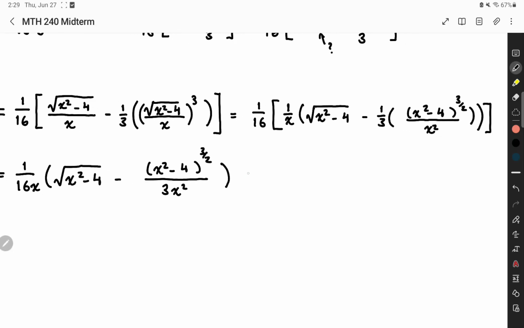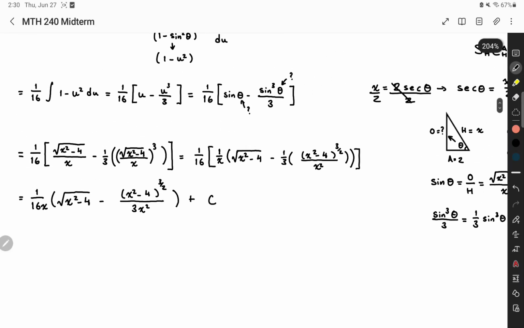And let's not forget the plus c. And so that is what the answer would be for this question.